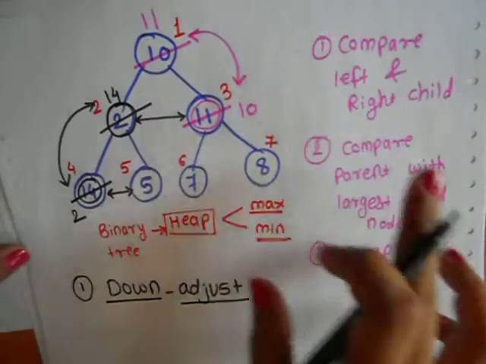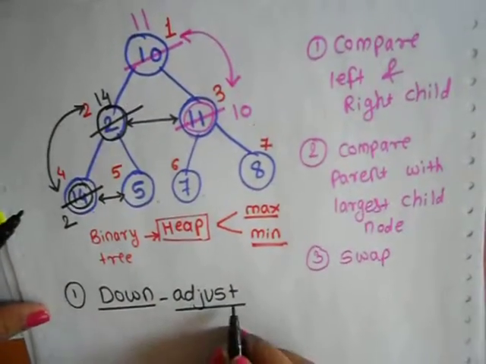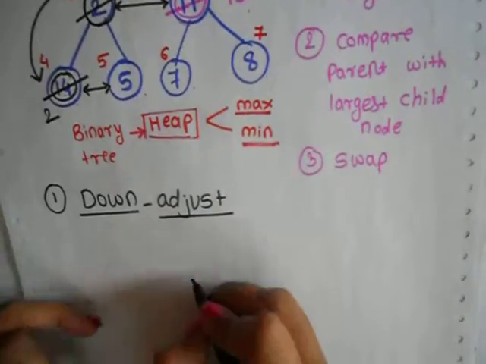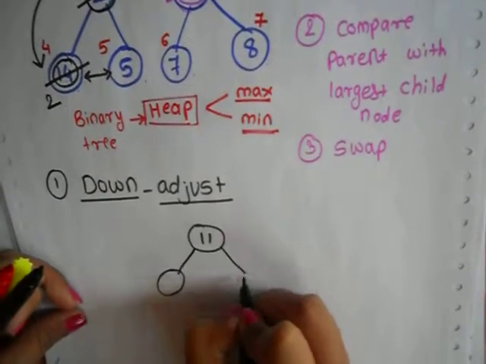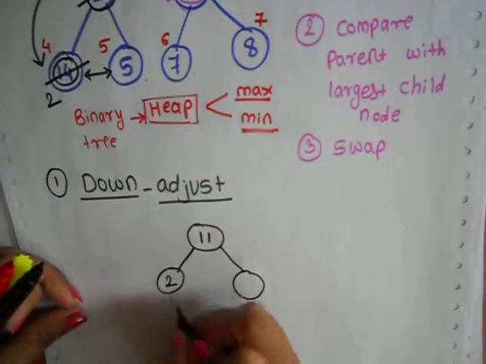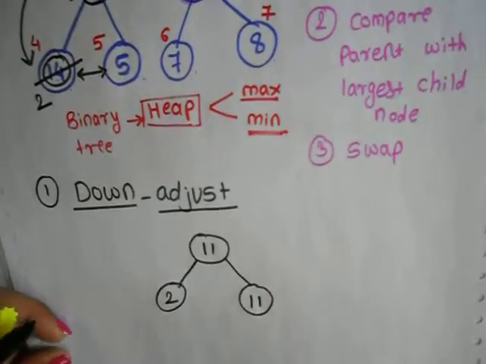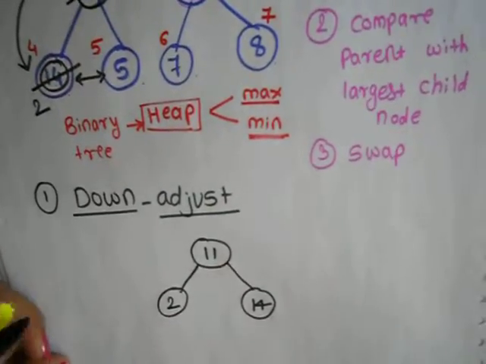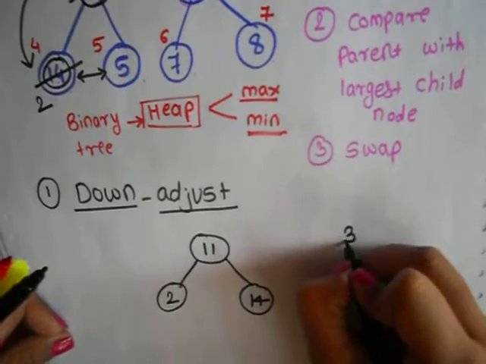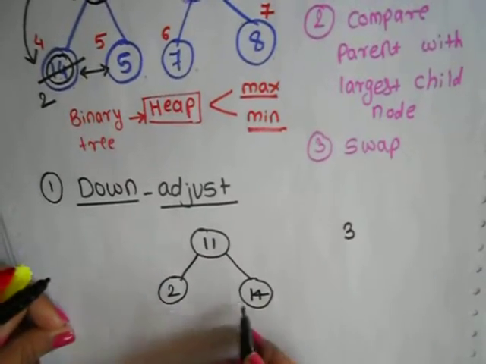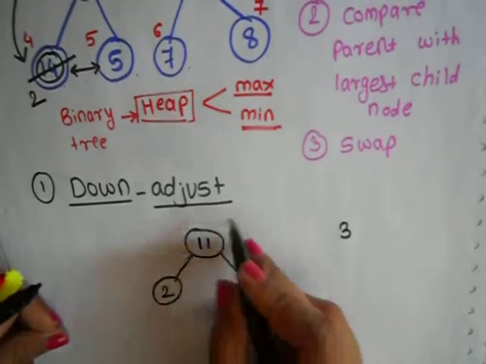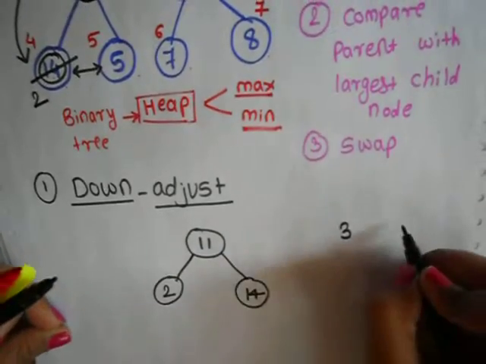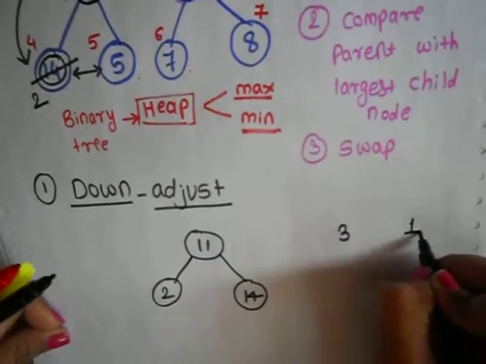Next, the same method we have to apply further down. But before that, suppose my tree consists of only these nodes, 2, 11 or 2, 14. How many nodes are present? 3. All leaf nodes are present at which level? First level. So for 3 nodes, I have to compare only one node.